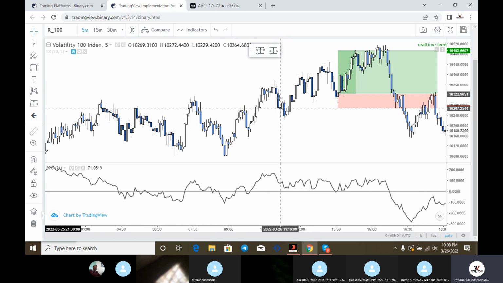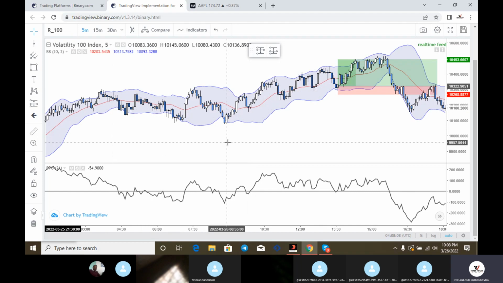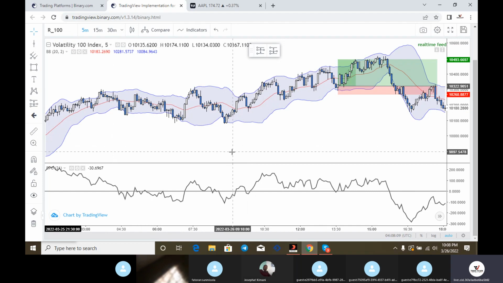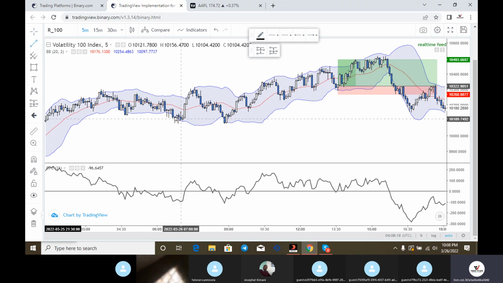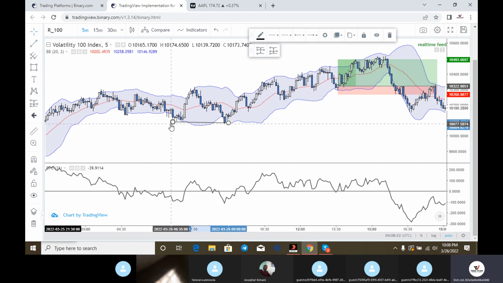Where it is usually nice is when we have wave-like structures, we can see multiple entries. For example, in situations like this, you would be looking out for divergence. For example, if we have a situation whereby on 30 minutes, this, okay, so this was not a valid divergence. Let me see if there were any good divergences we could spot.